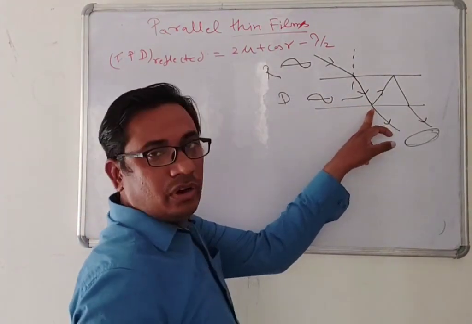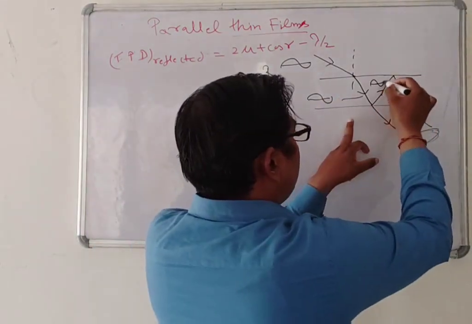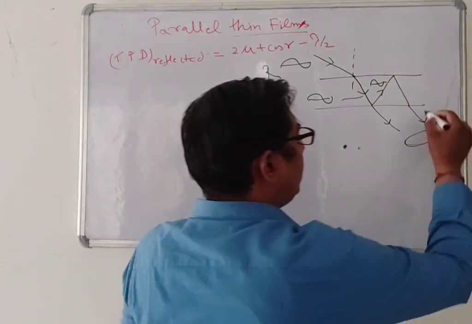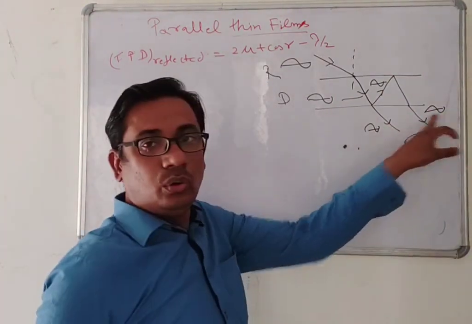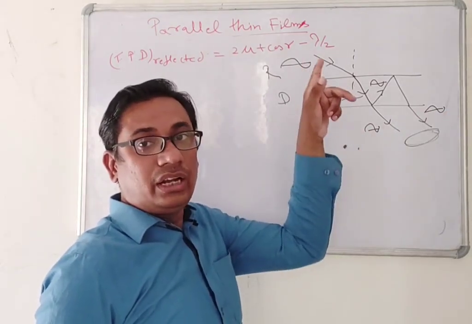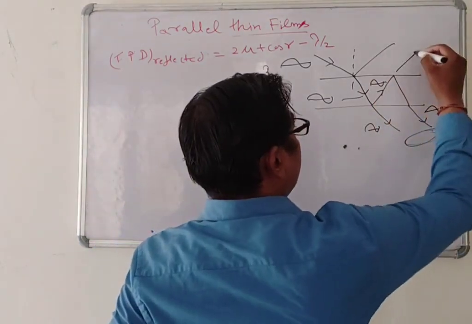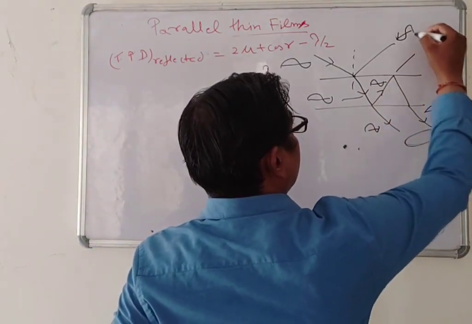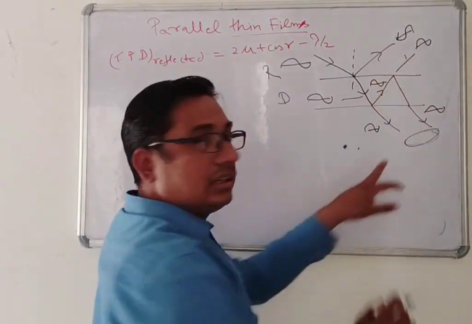The light is reflected from denser to rare, and you know very well there is no change of phase. Finally you will come like that, and no phase change happens here. But in case of the reflected light, the phase changes.